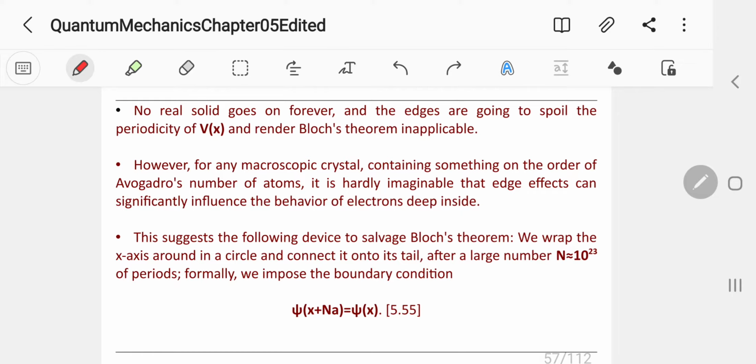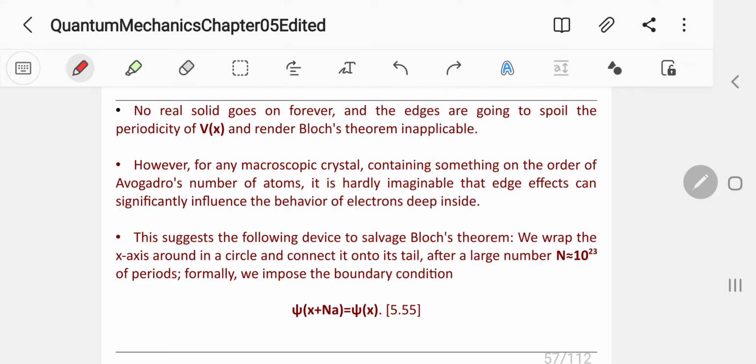But of course, again, there's no real solid that goes on forever. But no matter how small the solid is, as you can see with your naked eye, it still contains millions of atoms.